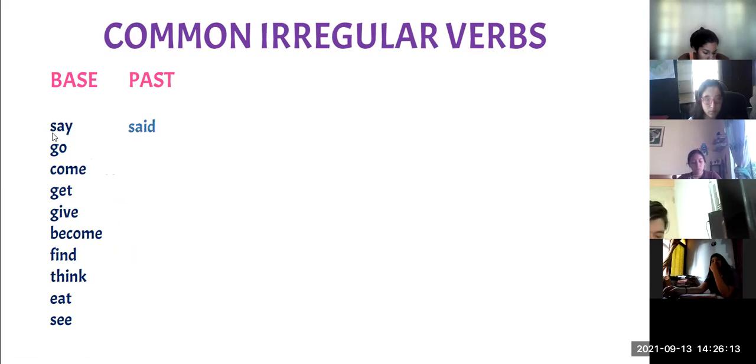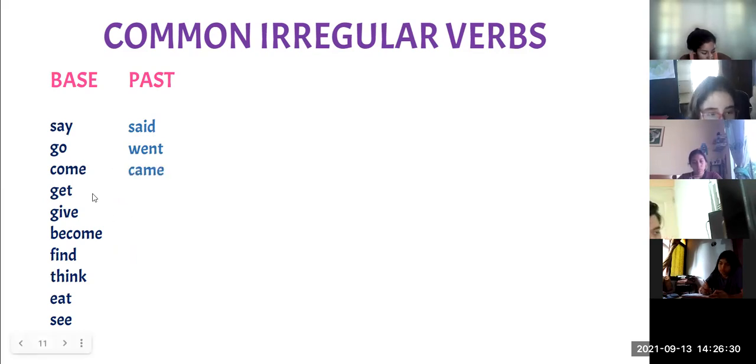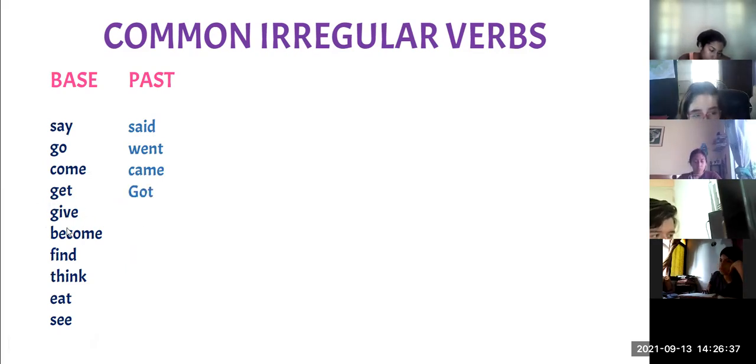Recuerden que en presente se pronuncia say, pero en pasado ya no se pronuncia say, sino se pronuncia said. Okay? Very good. Here we have the past of go is went. What about the past of come? Came. The past of get? Got. The past of give?